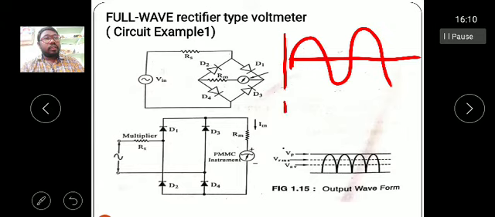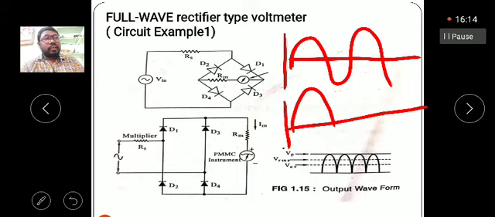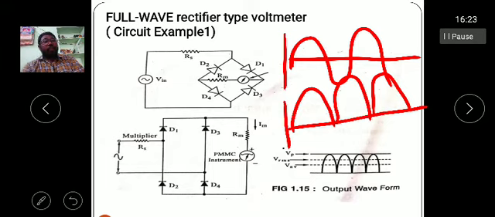This is the positive half cycle, and we get this arrangement. The negative half cycle also gives this arrangement. The positive half cycle is the main output waveform of the full wave rectifier circuit. Now we are going to explain the construction and the principle of the full wave rectifier type voltmeter.